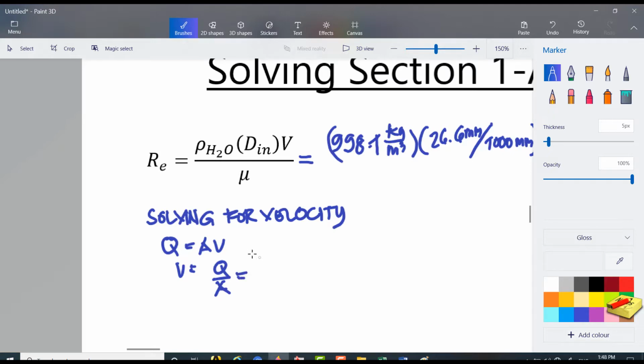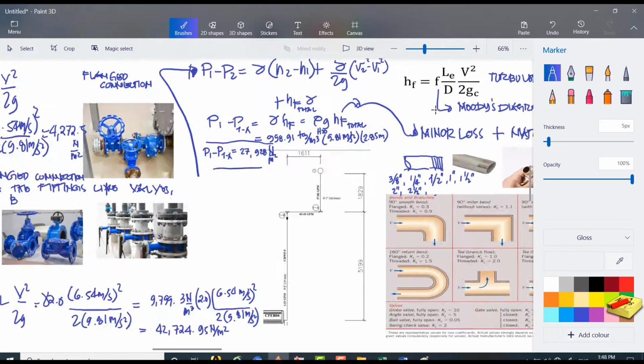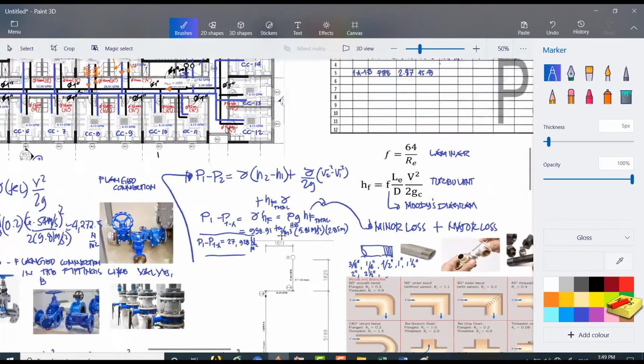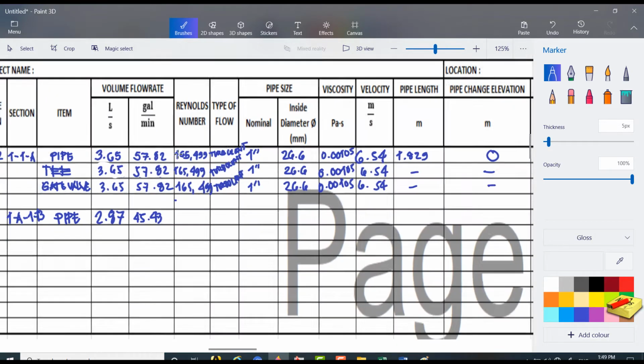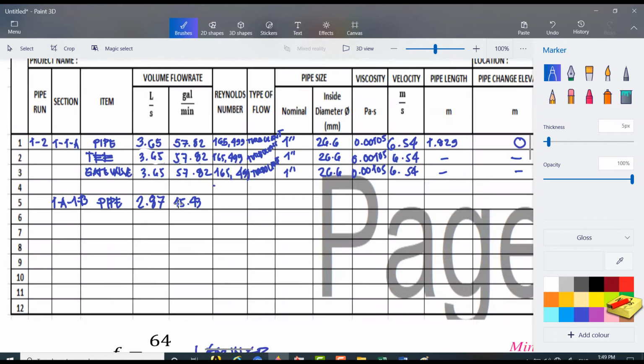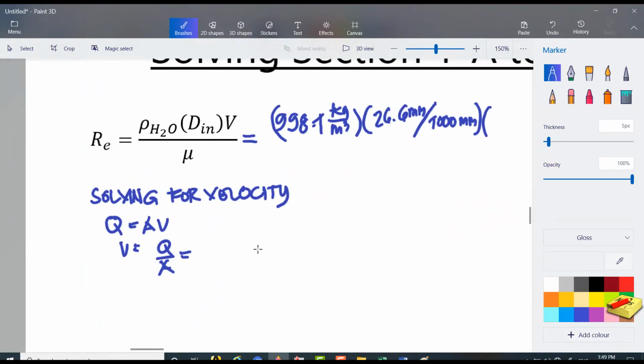So our Q is 45.43 GPM or 2.87 liters per second. We change that to cubic meters, so you have 1000 liters per cubic meter.